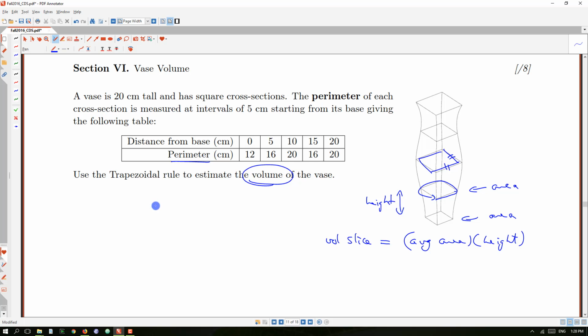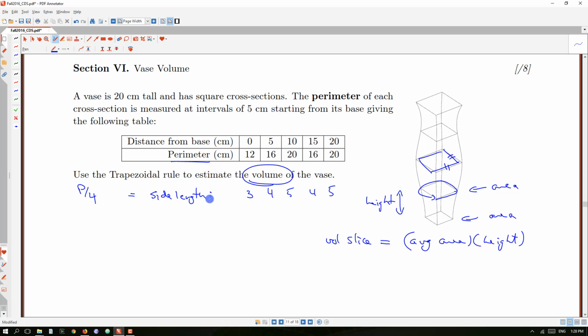Well, how do we go from one of those to the other? I think the most natural thing is to move in stages. If we have the perimeter being 12, the side length is equal to the perimeter over 4. We take the entire perimeter and divide it evenly among the four sides. And so 16 over 4 is 4. 20 over 4 is 5, 4, and 5.